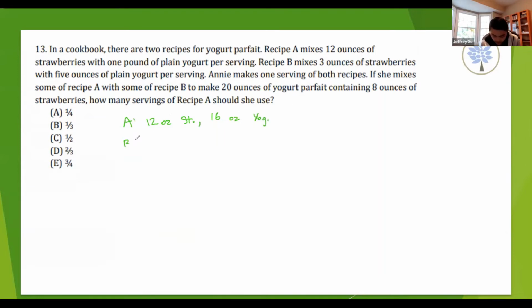And recipe B is 3 ounces of strawberries and 5 ounces of yogurt.